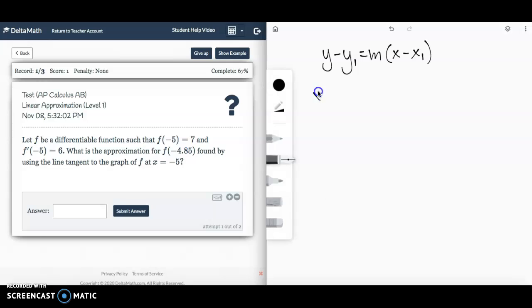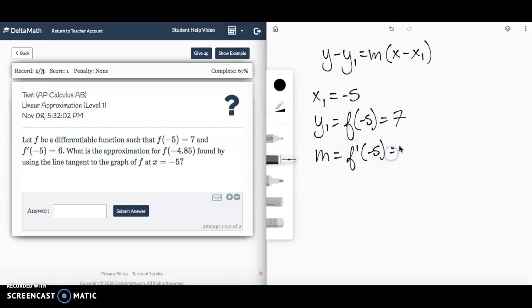So let's identify our x1 is negative 5. y1 would be your actual function at negative 5, so that would be 7, and then your m would be your derivative at negative 5, so that would be 6.